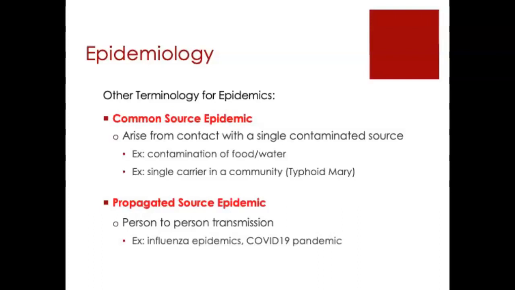Mary was a cook in homes in New York City during the mid 1800s. And unbeknownst to her, she was a carrier of a particular type of rickettsia that causes a disease called typhus. Typhus causes people to have terrible nausea and vomiting and diarrhea, and it can lead to dehydration and death.